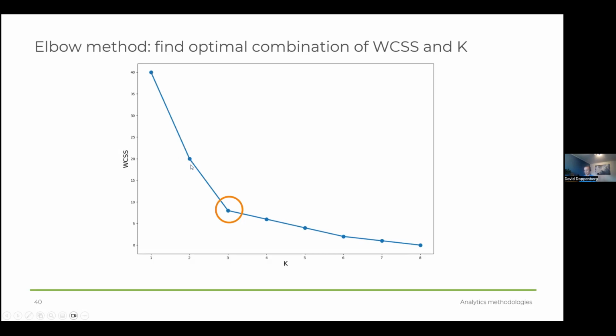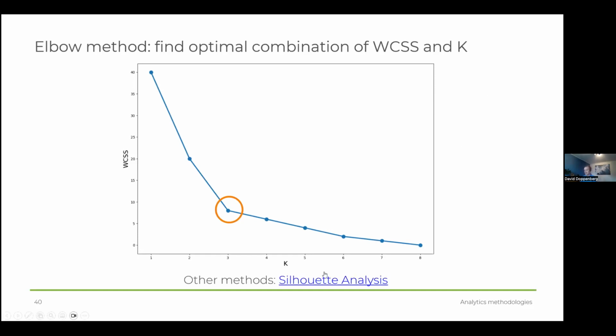Also the improvement from 2 to 3 is very big, but then the steps become smaller and smaller. So probably K is 3 might be your optimal choice. Again, it might also be dependent on your context and your use case. Maybe you want 3 clusters because it makes sense that you have 3 clusters. So it's also typically something you need to, again, discuss with the persons that are going to use this clustering algorithm that you fitted.